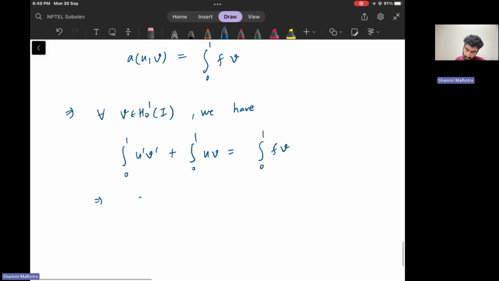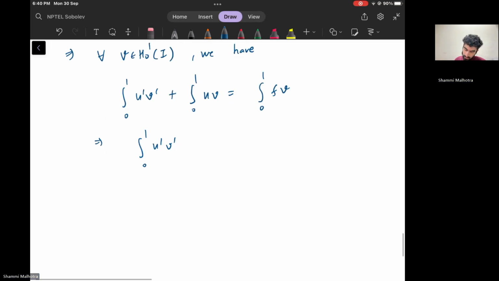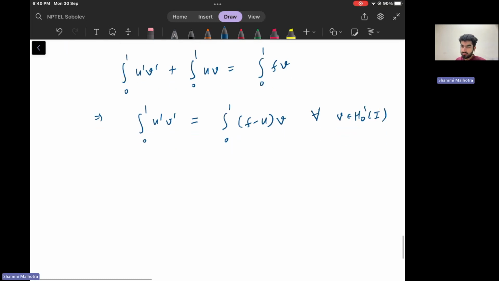This is nothing but the integration from 0 to 1 of u' v' equals the integration from 0 to 1 of (f minus u) times v, and this holds for all v in H^1_0. Now, this is actually nothing but the definition of the weak derivative for u'. And this basically implies that u' actually lies in H^1. The definition of weak derivative.